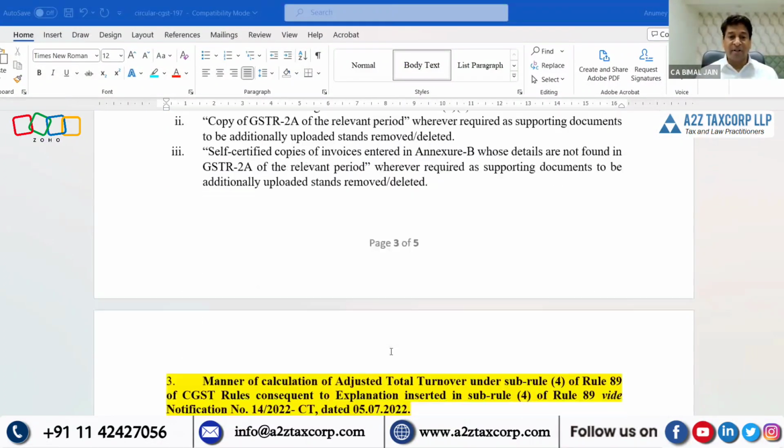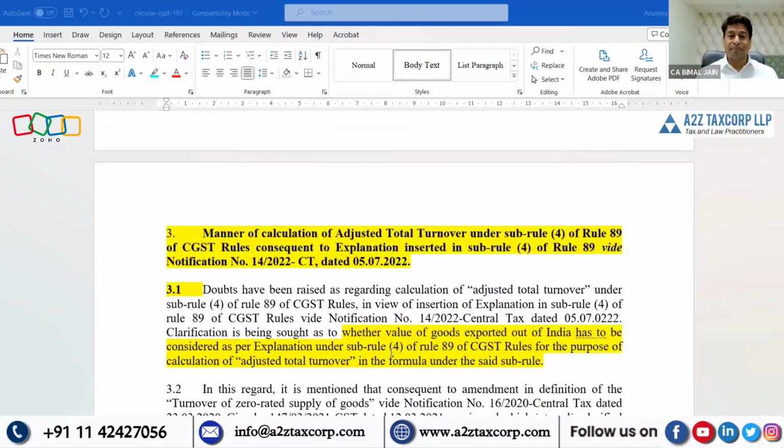So going further, point number 3, manner of calculation of adjusted total turnover. Under sub-rule 4, rule 89 of the CGST rules, you know that refund of ITC for zero-rated supply is being permitted under rule 89. And sub-rule 4 provides the formula for calculation: export turnover divided by adjusted total turnover.